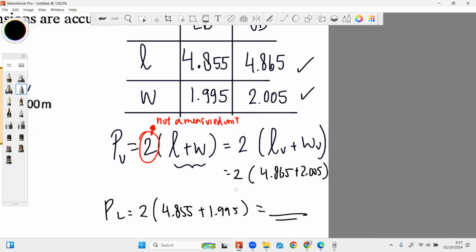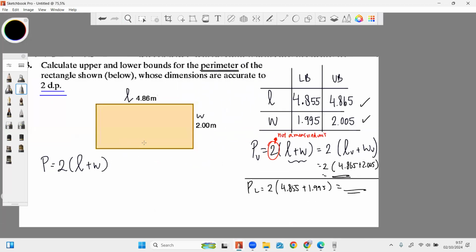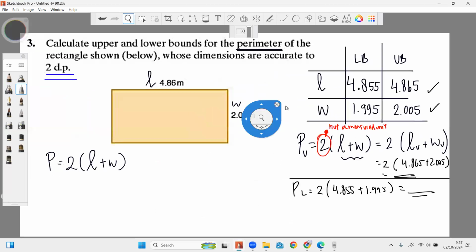You get the answer? Get it, guys? So the 2 is not a measured unit. Therefore, you cannot change the 2 at all costs. Just let it be. The 2 is in the formula, not in the measurement.